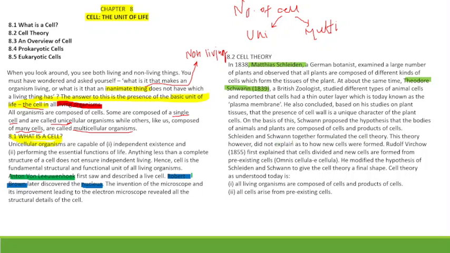Then Schwann named the thin outer layer of a cell as the plasma membrane.